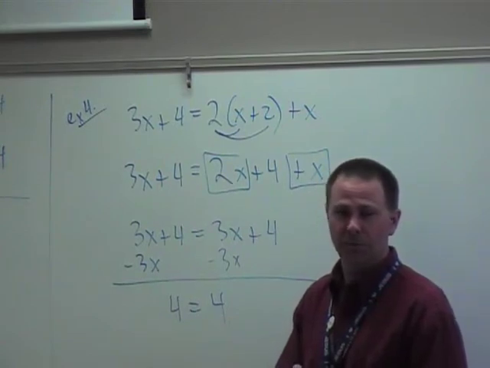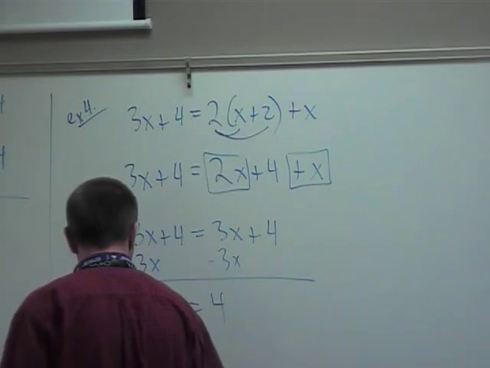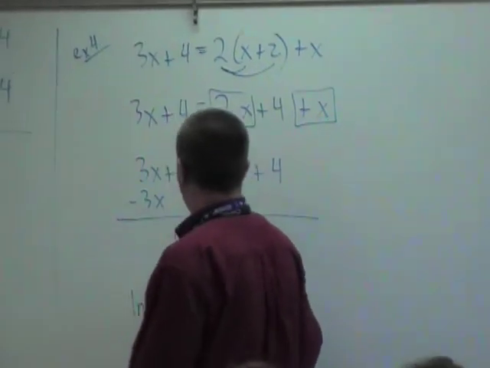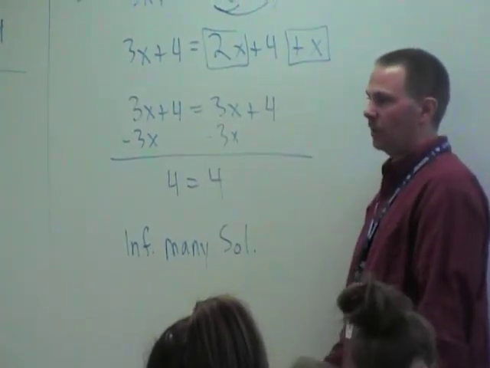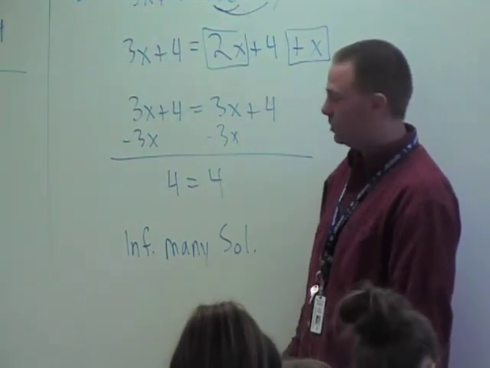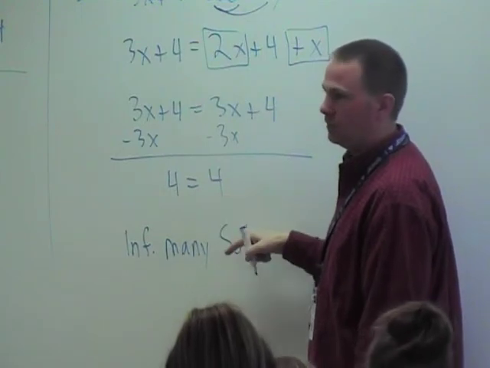That equals itself. That means that you have infinitely many solutions. No matter what you plug in for x, on the left side, it's going to equal what you get on the right side. So there's infinitely many solutions.